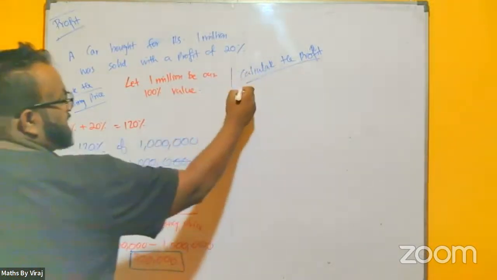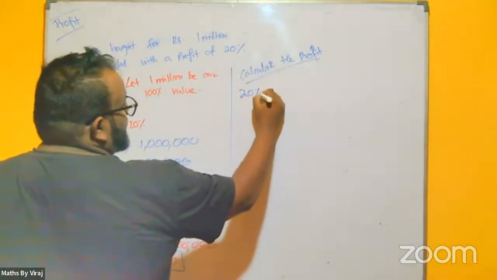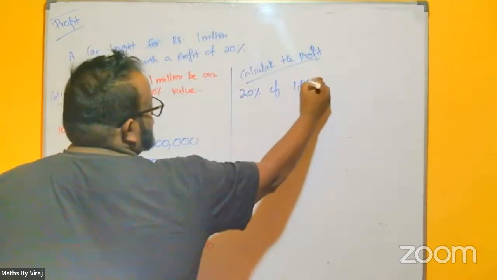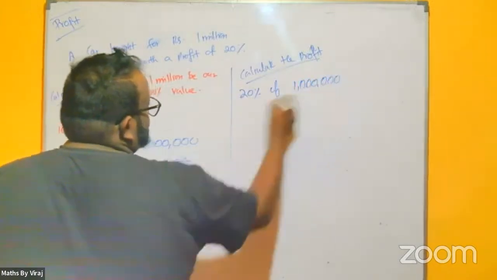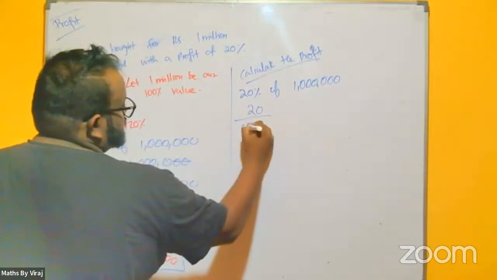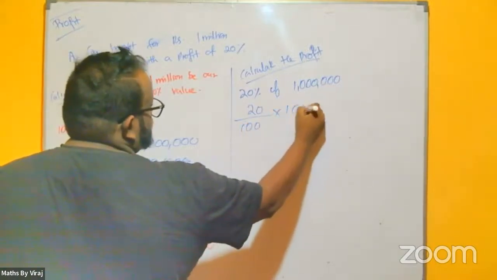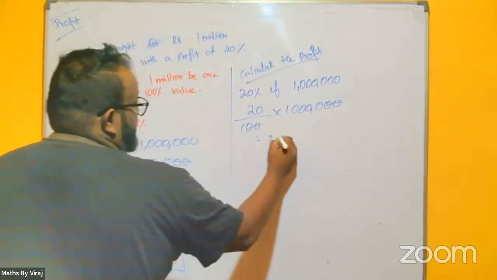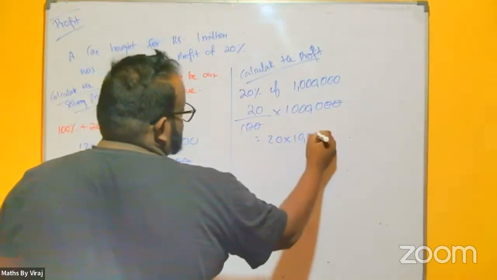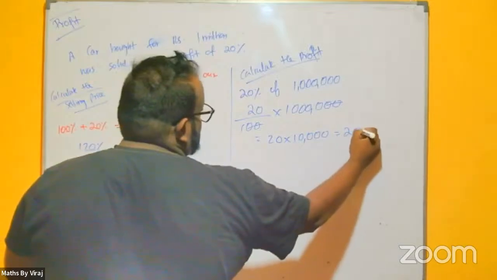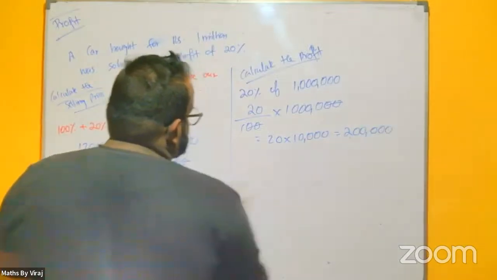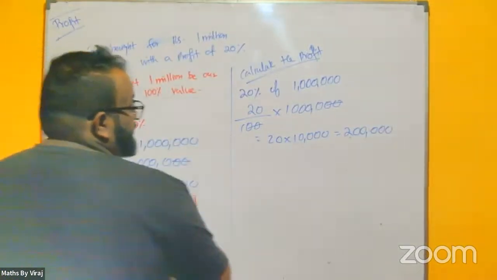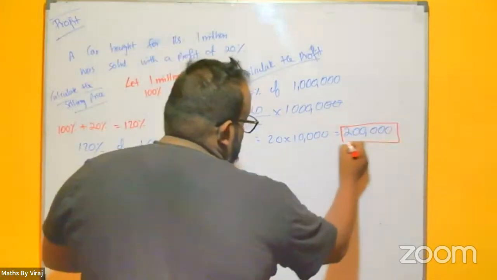How do you calculate the profit? Very easy. 20% of 1 million. These are just literally both the same. So this is what needs to be found. The profit is 200,000.